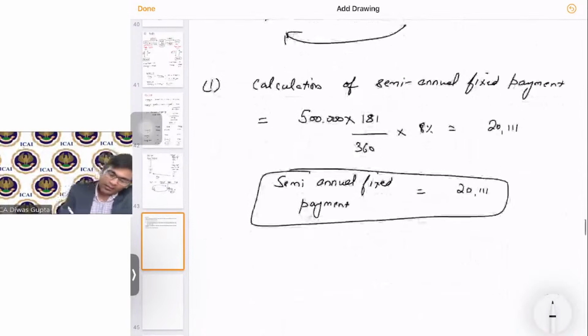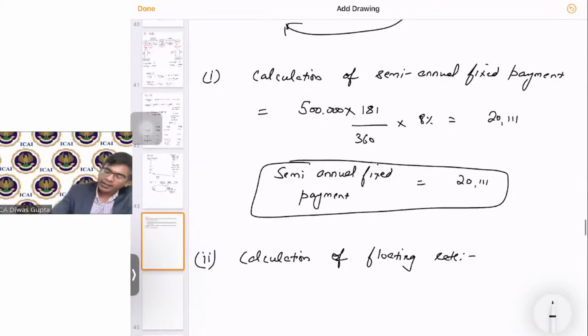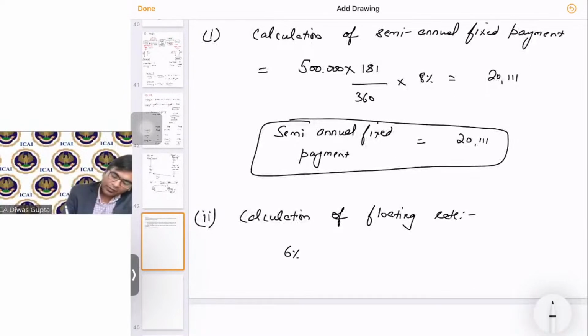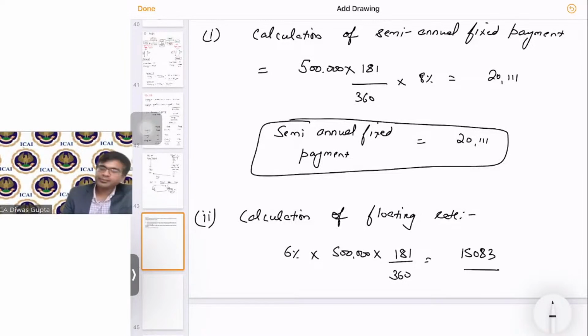So let's calculate the floating rate payment. Floating rate is 6% for 5 lakh notional amount, 181 days divided by 360. 15,083 is the amount.